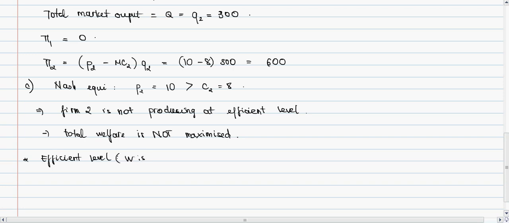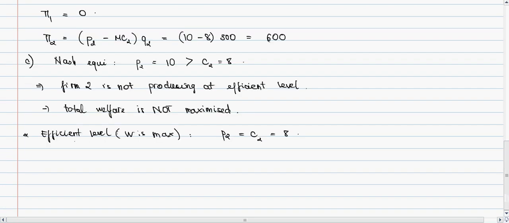Okay, so welfare is max at the point at which the price the firm is going to charge is equal to the cost of production of the firm, and it's going to be equal to 8. Alright, so if firm 2 lowers the price up to the point where the price equals the marginal cost and equals 8, that is going to be the efficient level, and that is going to be the point where total welfare is going to be maximized.